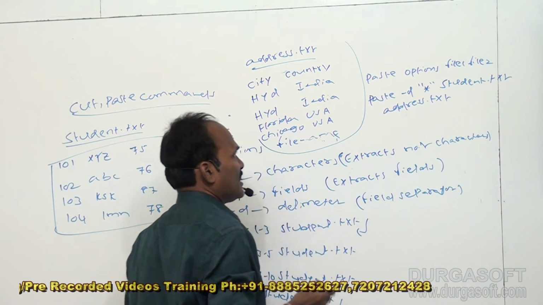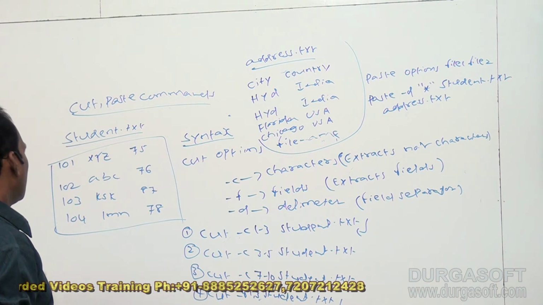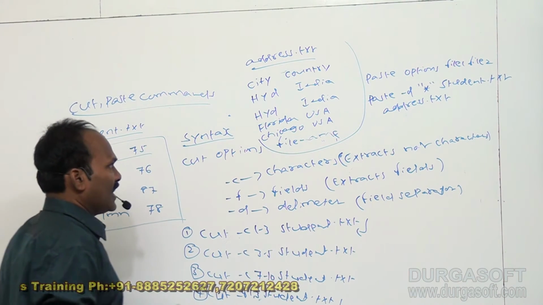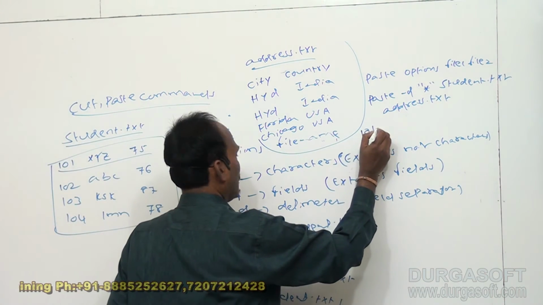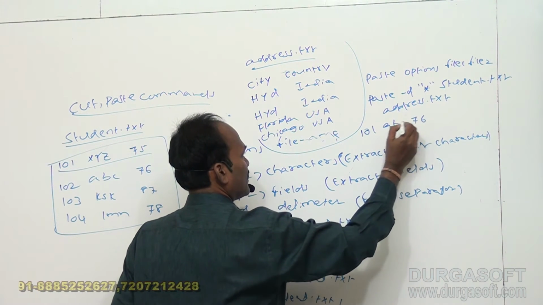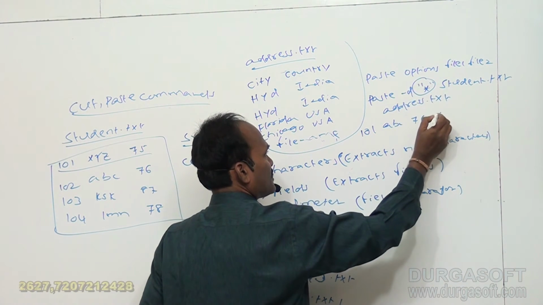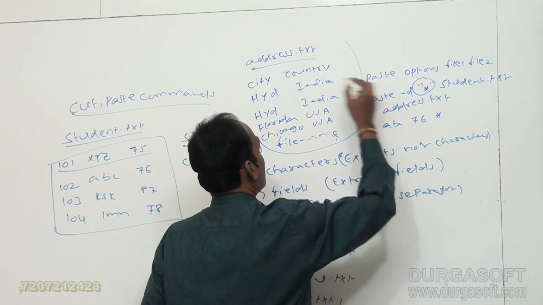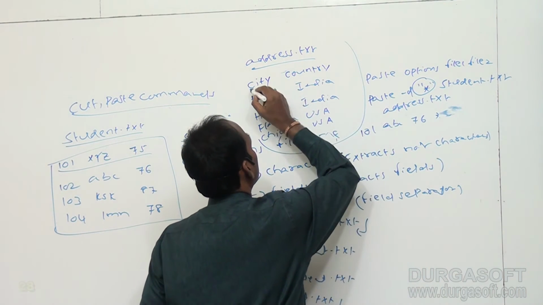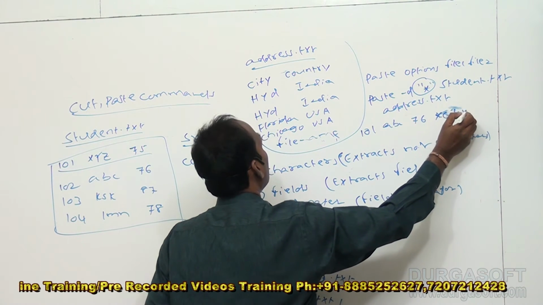What happens is that from the student file it takes the first line, which is 101 ABC 76, and next a star delimiter is applied. From address it takes another one, city, country.